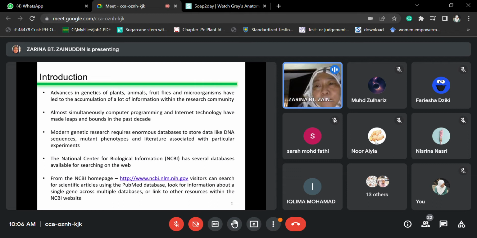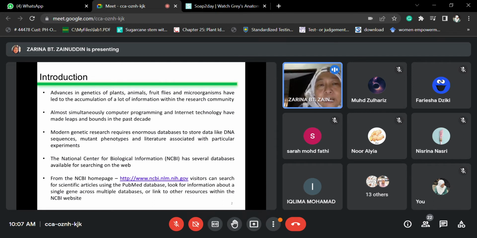If you already sequenced one organism, you will share these sequences with the research community. You can also share a database on mutants that you develop, and you can share literature or papers that you have published.